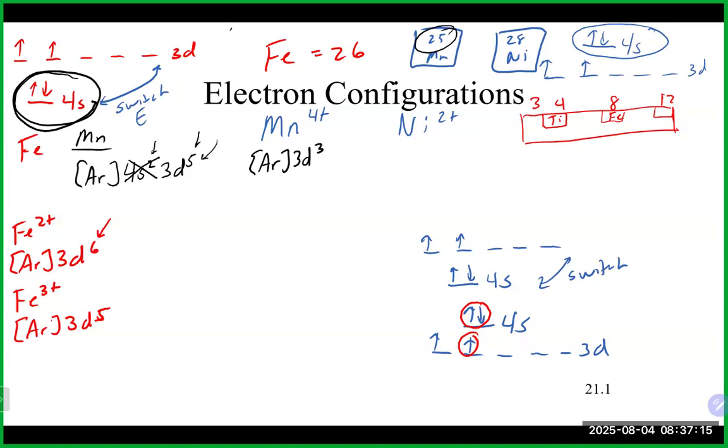But once you start populating the d orbitals with electrons, they're very close in energy to begin with, so there's a switch in the energy of those orbitals. What ends up happening is the s ends up being higher in energy than the d, and that's why we take the s's first. That happens with all transition metals, so you always take the first 2 groups, group 1 and group 2, those electrons out first.